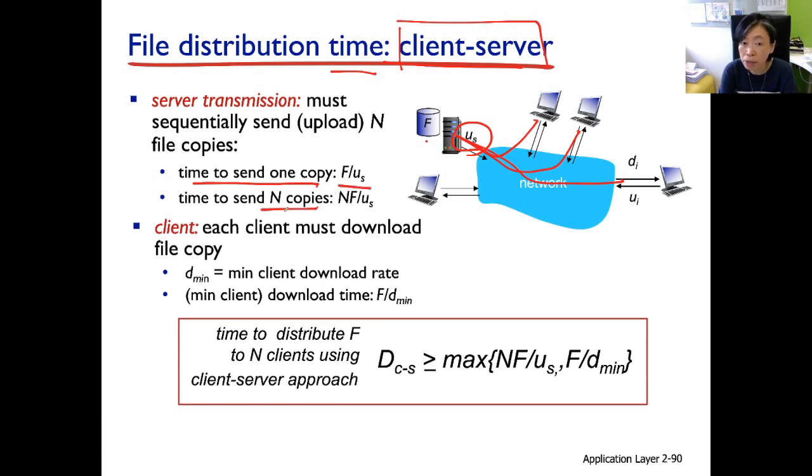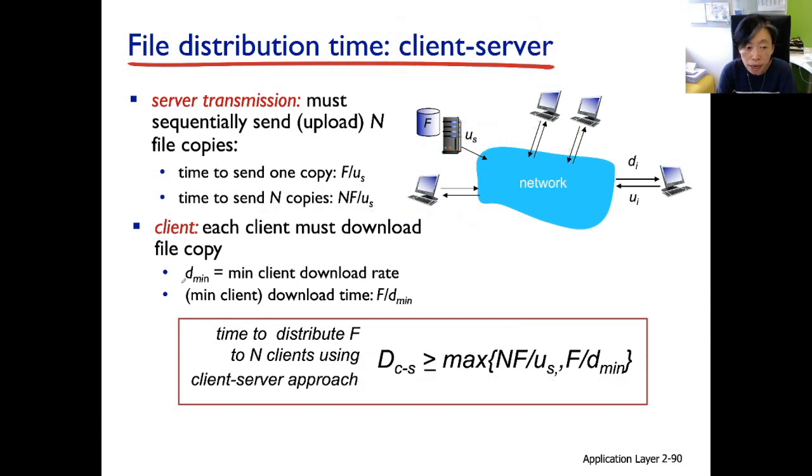To send N copies altogether, NF over u_s. This is the term that we have here. The overall file distribution time will be limited by the server uplink capacity and the minimum client capacity. So this is the case where the server is the bottleneck, and this is the case where a client with the minimum downlink bandwidth is the bottleneck.